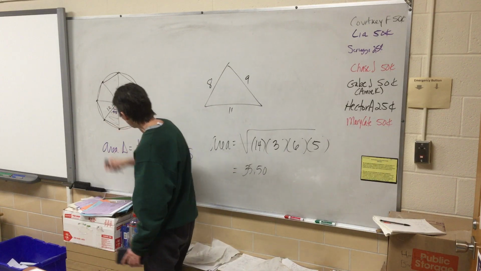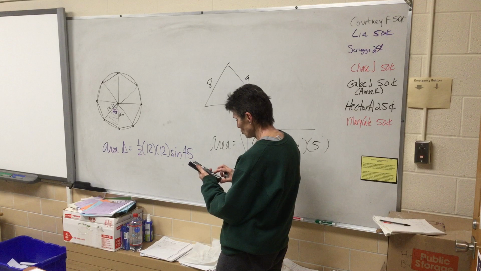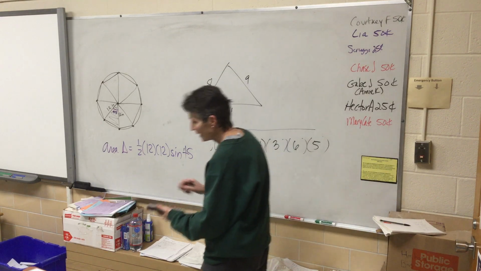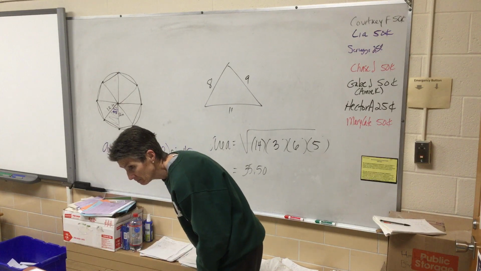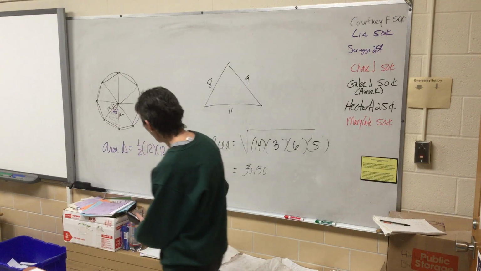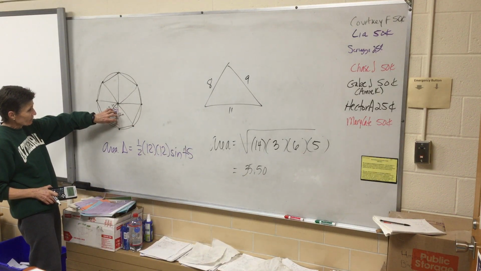That's that triangle right there. So 1/2 times 12 times 12 times sine 45. I got 50 point something. But that's not the answer to the question. That's the area of this triangle.